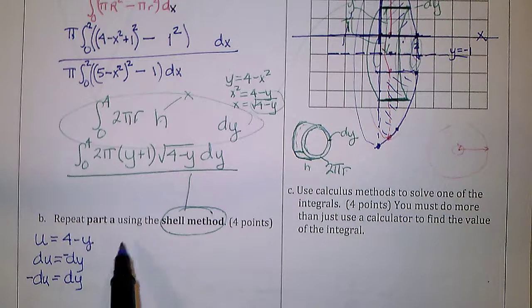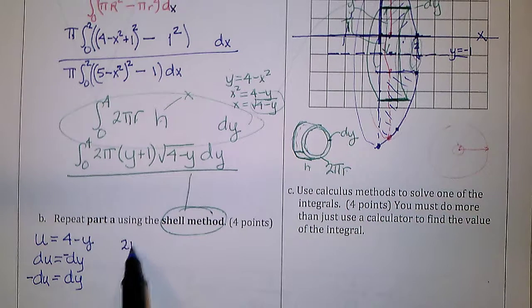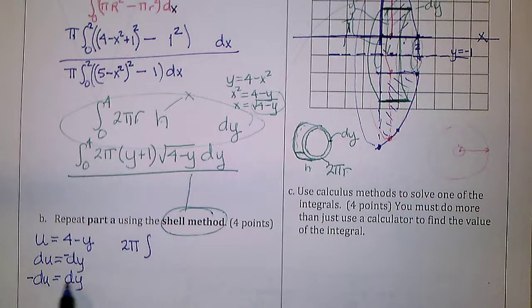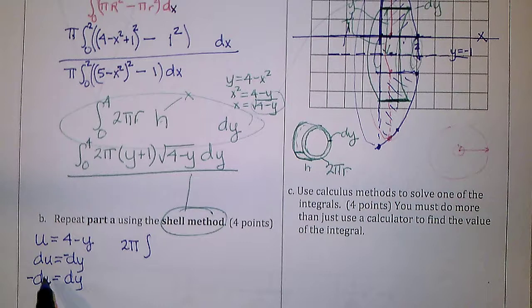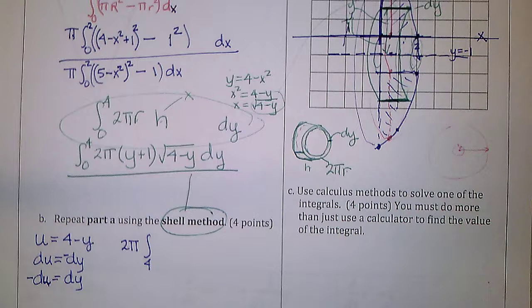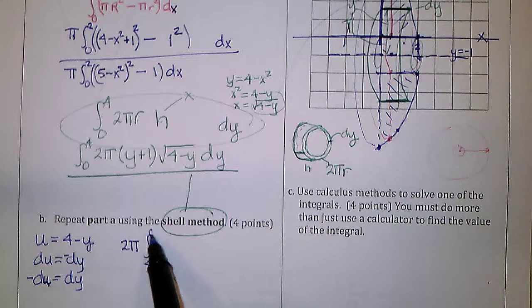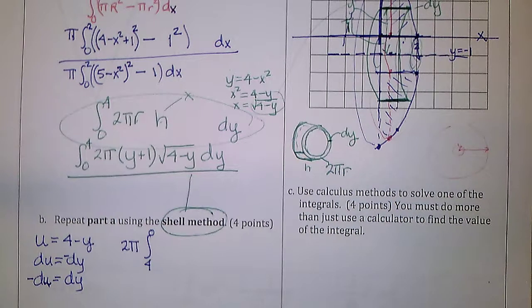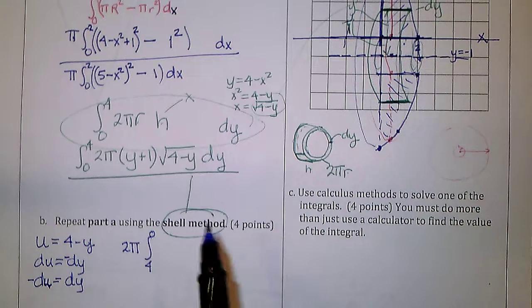The 2 pi as a constant will come out. The integral that used to go from 0 to 4, now that I'm switching to u: 4 minus 0 would be 4, so the 0 becomes 4. And when I put the 4 in, 4 minus 4 is 0. So I switched from 0 to 4 to 4 to 0. Not very exciting, pretty much the same, except they're just backwards.